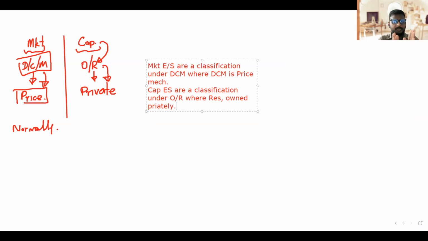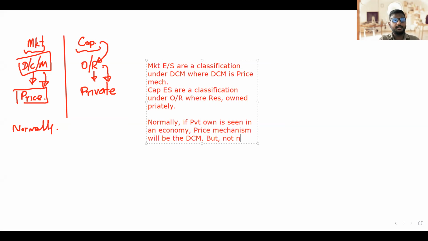Now we have to explain that they are not the same. Normally, if private ownership is seen in an economy, price mechanism will be the decision coordinating mechanism, but not necessarily. How do you spell necessarily? I just lost it.